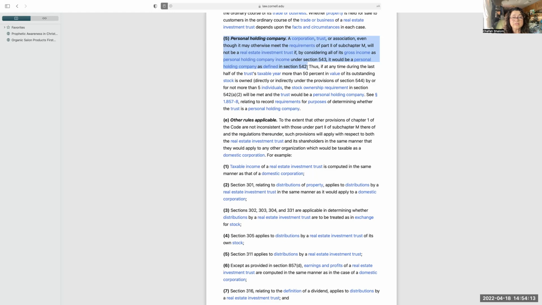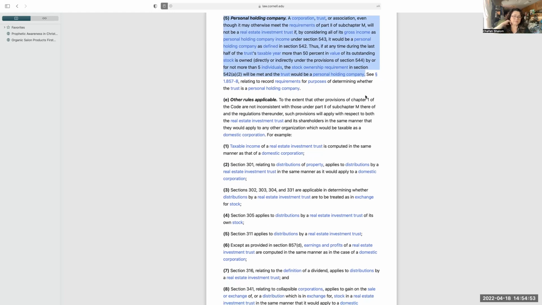Thus, if at any time during the last half of the trust's taxable year, more than 50% in value of its outstanding stock is owned directly or indirectly under the provisions of section 544 by or for not more than 5 individuals, the stock ownership requirement in section 542(a)(2) will be met, and the trust would be a personal holding company. The trust would be a personal holding company. I bet these car dealerships are also a personal holding company, and they're trying to get all of those cars sold to customers, right?